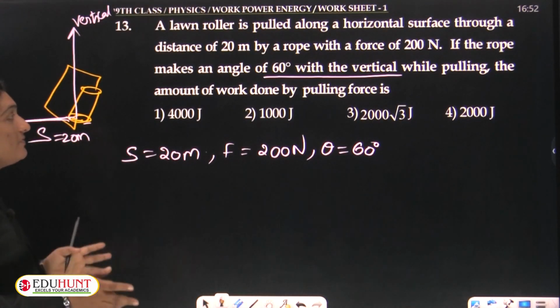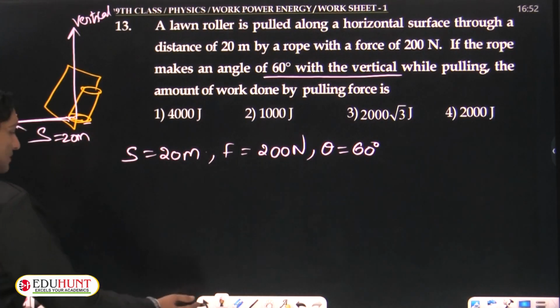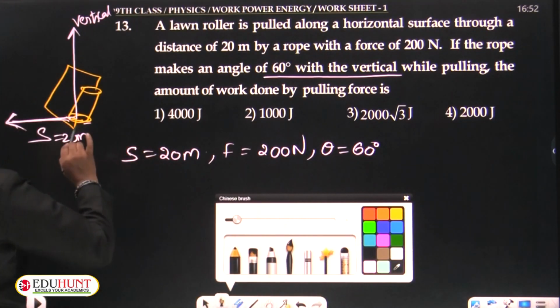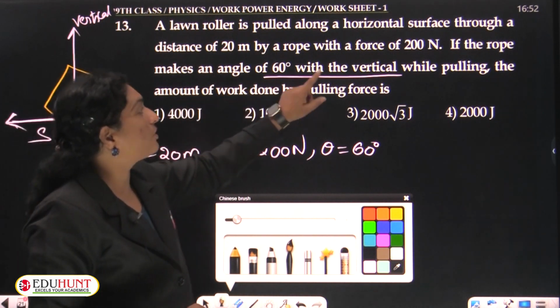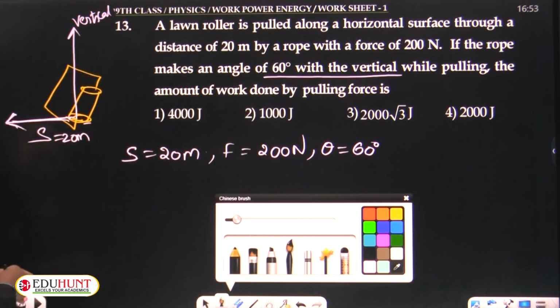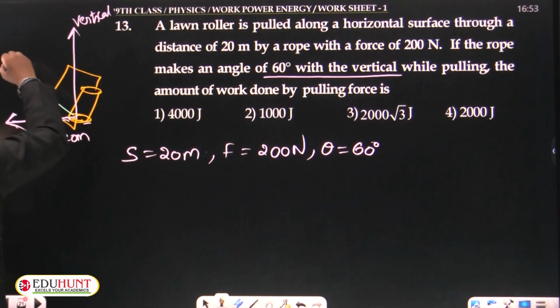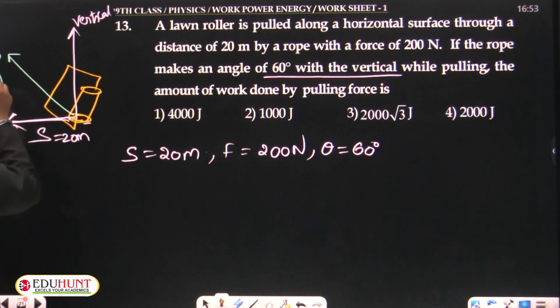Where is the rope? Some rope is there, and the rope makes an angle of 60 degrees with the vertical. Here is the rope, the person is holding it and trying to pull.